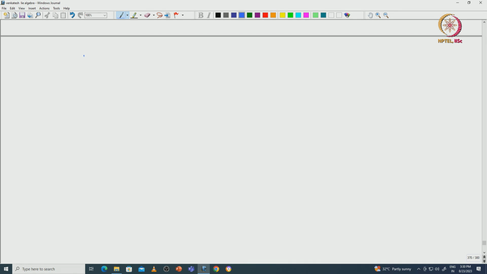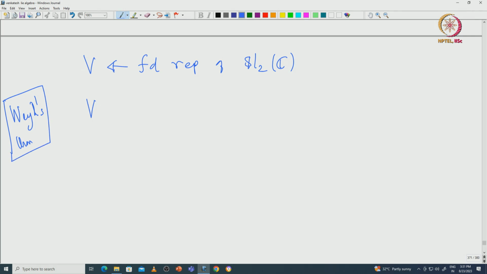So, to begin with, we start with a finite dimensional representation of SL2C. Then using complete reducibility, which is also called Weyl's theorem, because Weyl proved complete reducibility in general.